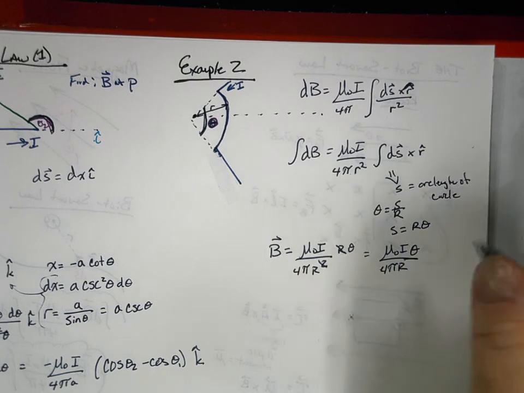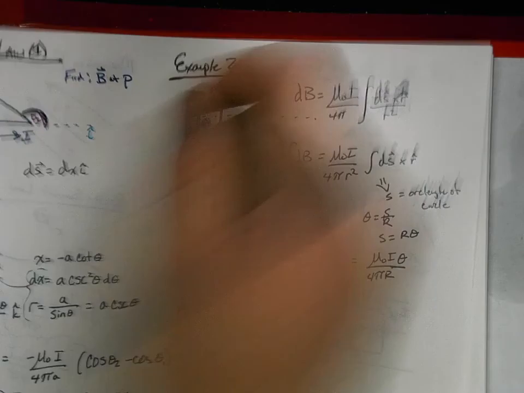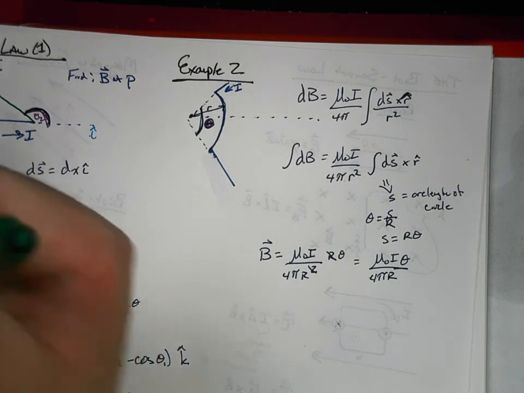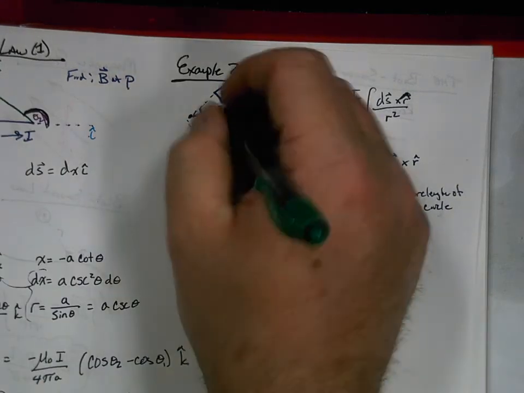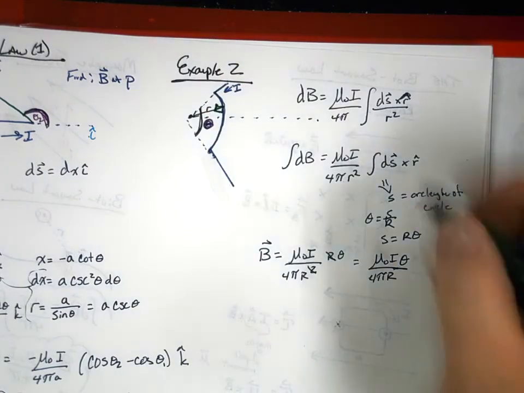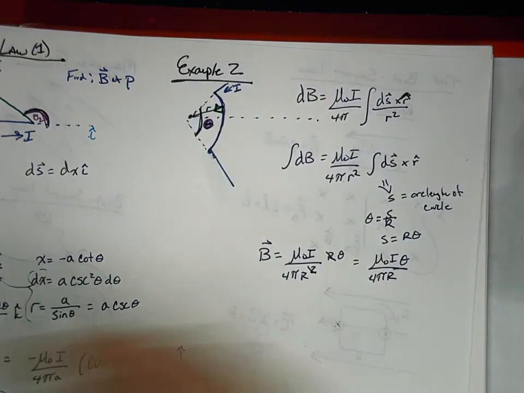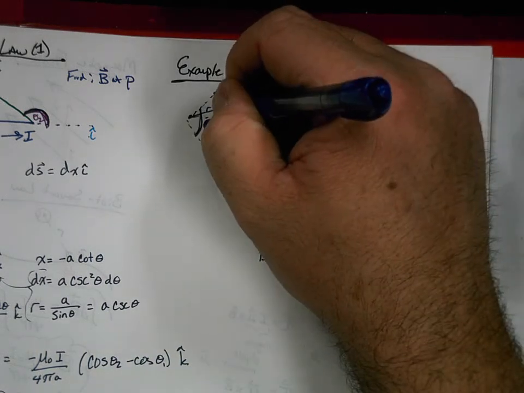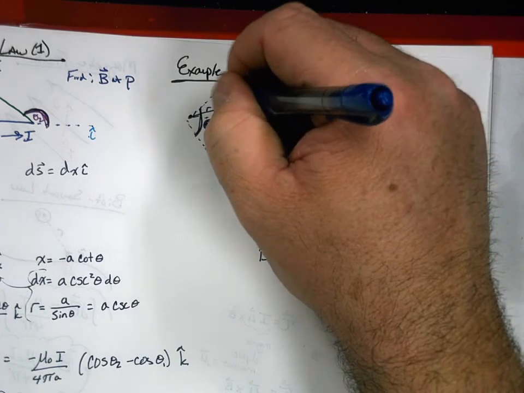And let's figure out our direction here, because we've got, that's our R hat, right? And our current is our ds, which is traveling along here.